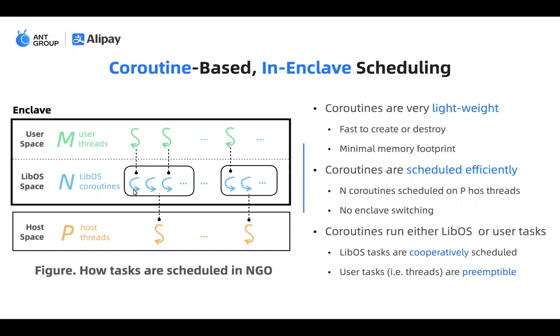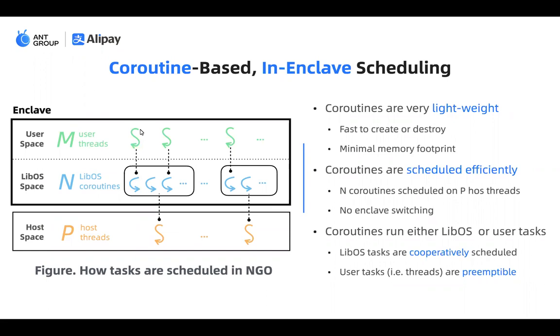And although we use coroutines for scheduling, we can still do preemptive scheduling. We handle periodic interrupts so that user threads can be forced to do context switching. And the librarized coroutines are scheduled cooperatively, so librarized tasks can be scheduled very efficiently.